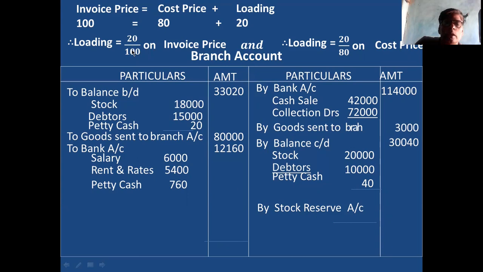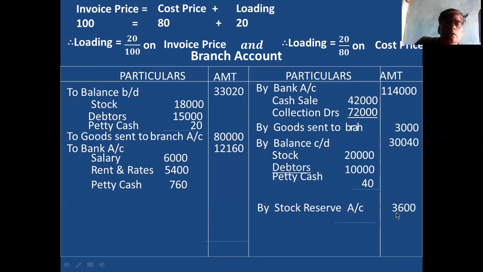Loading is 20 by 100 on opening stock. Opening stock is 18,000. 18,000 into 20 by 100 means 3,600.